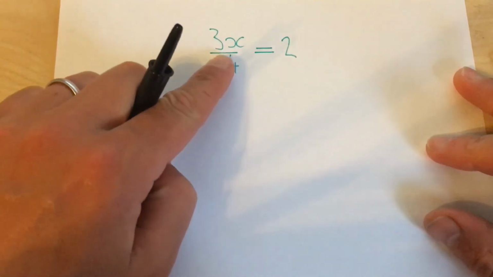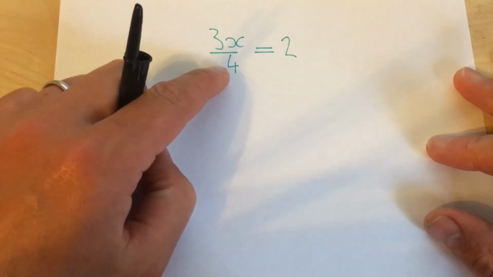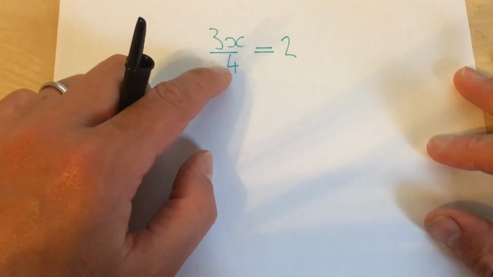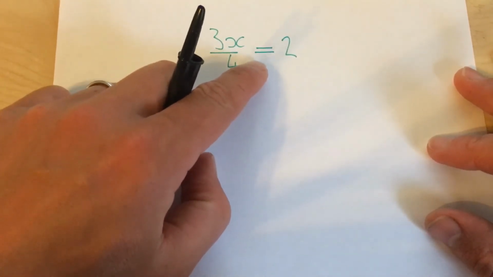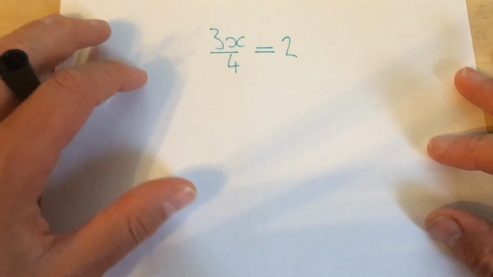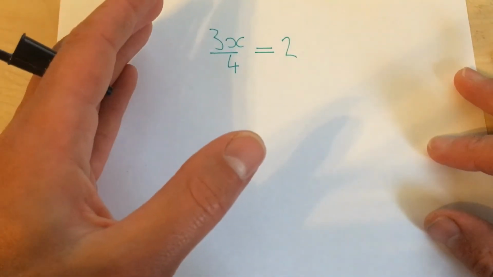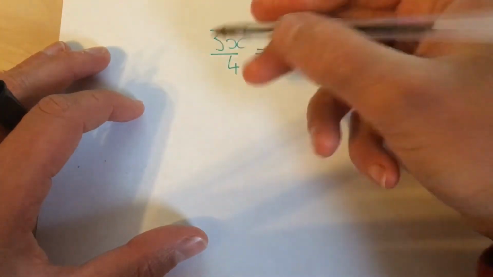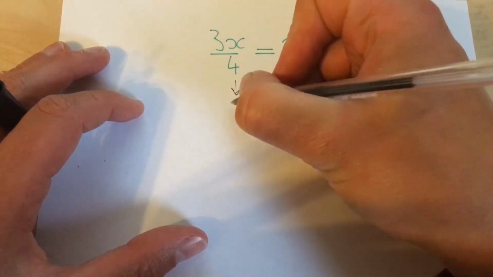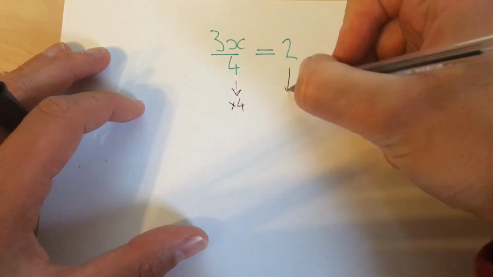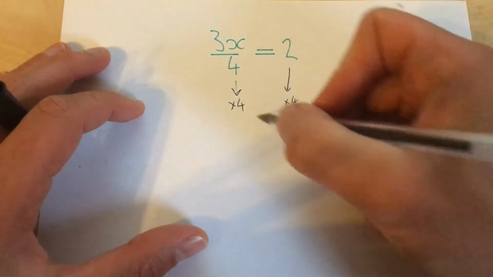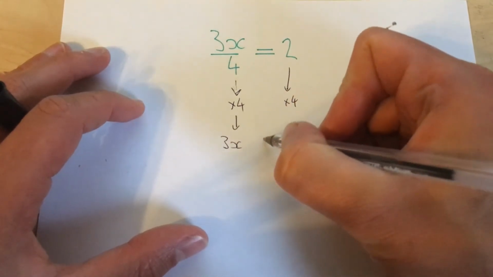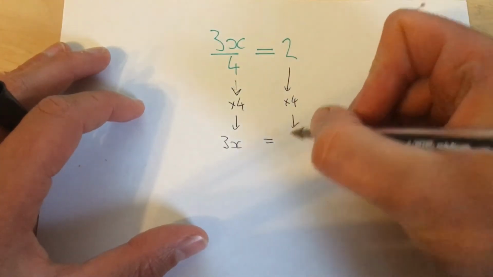Here we have x. We start with a variable and we work our way outwards. So x multiplied by 3 to get the 3x. Then you divide it by 4 and this has the value of 2. It equals 2. Now the aim is to get all the x's on one side and the value of those x's on the other side. So if I start by multiplying both sides of the equation by 4, on this side I'll just be left with 3x, and on this side I'll be left with 8.